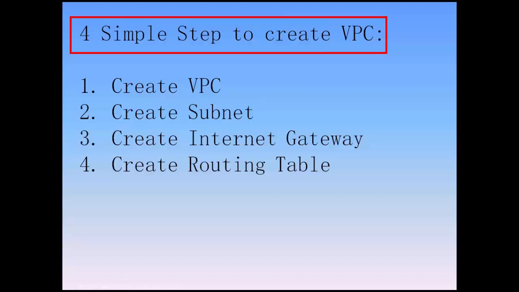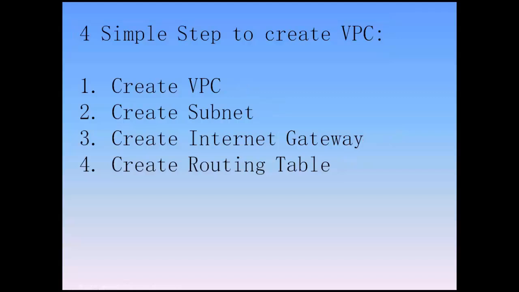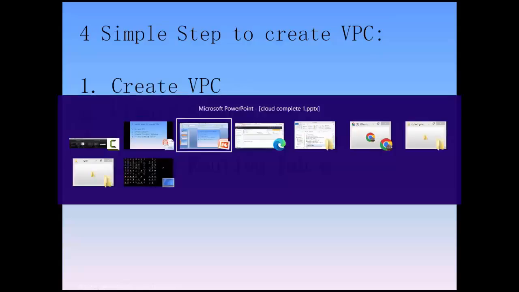First we create a VPC, then we create a subnet, create an internet gateway and a routing table. Theory was long but practical is very interesting. Okay, so please be watching till the end. Let's start the practical demonstration.